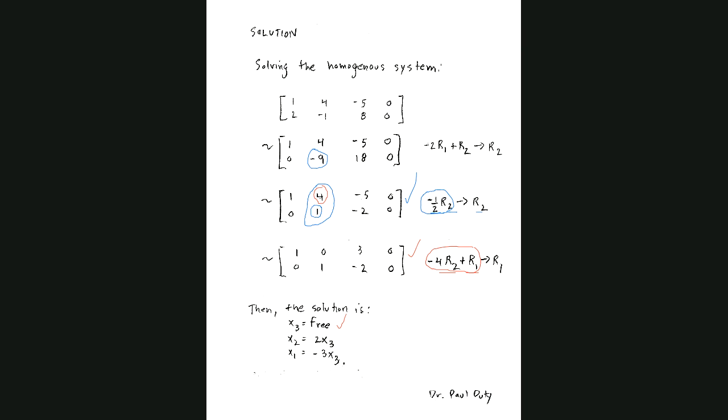The second row reads 1x2 minus 2x3 equals 0. Right? So that means then that x2 is 2x3.